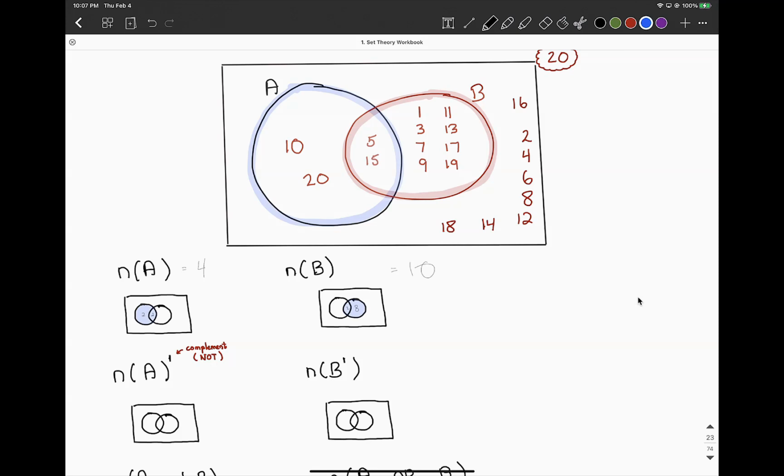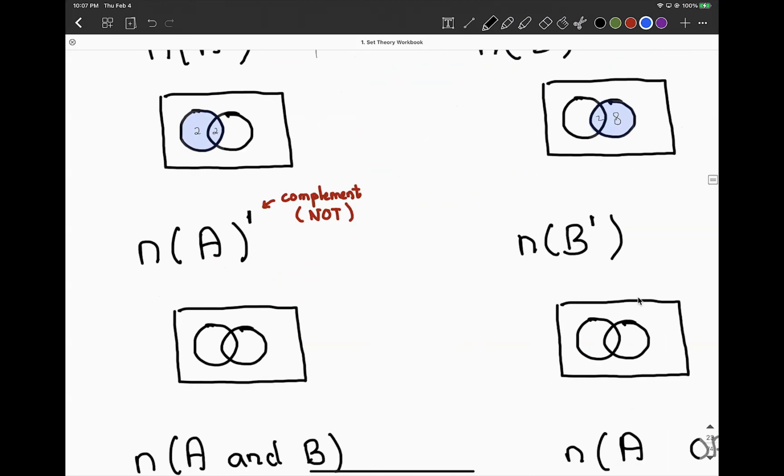How many things are not in A? This is where you have to be really careful. These are the things that are within A. Therefore, logically speaking, we have to assume everything else answers this question.